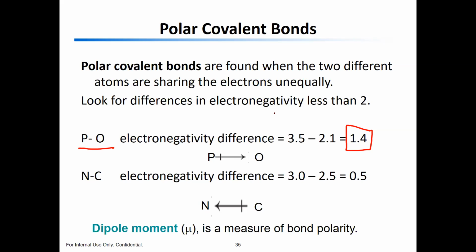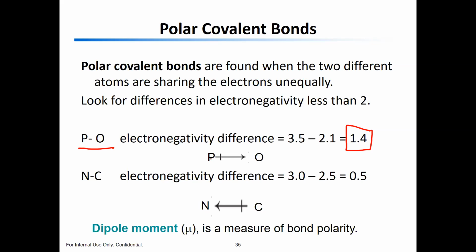And another way to show this polar covalent bond is sometimes you might see something like this in your textbook. What does that mean? That means that this phosphorus and this oxygen form a polar covalent bond. So now there's a positive end and a negative end. Which is the negative end and which is the positive end?